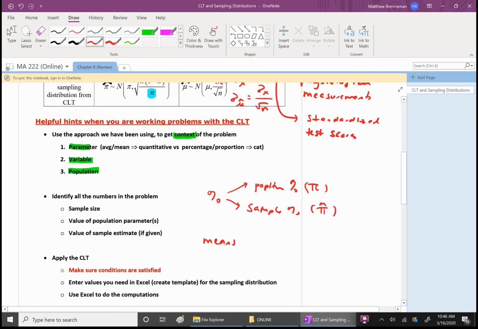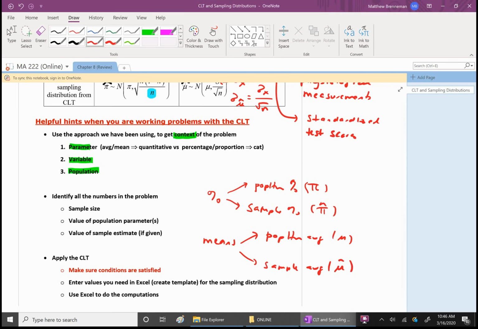And the same thing applies for the average or the mean, right? You're going to have a population average or a population mean, which is mu, and a sample mean, which is mu hat.